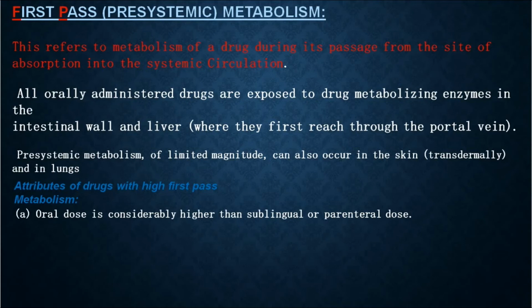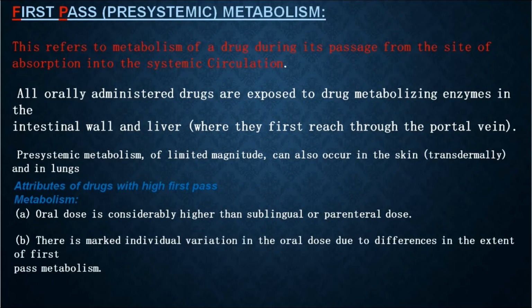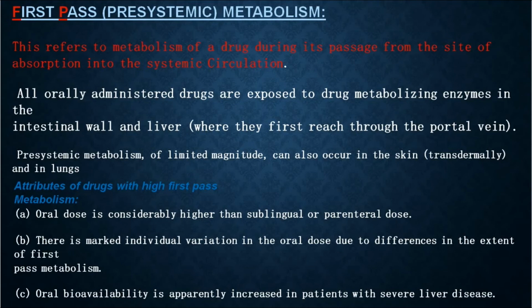It does not occur in intravenous administration of a drug. Due to this, the oral dose is considerably higher than the sublingual or parenteral dose. It varies from individual to individual due to differences in state of metabolism, and oral bioavailability is apparently increased in patients with severe liver damage.